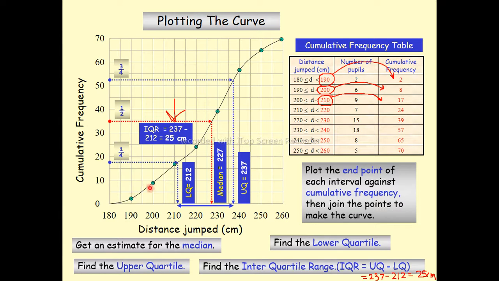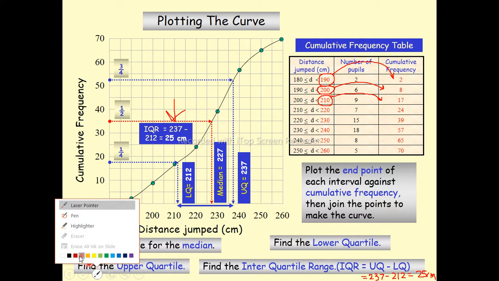Sorry, not 8 minus 2. It's 200, and this is 8. So the final was the frequency between 190 and 200. We have to subtract the 2 and the 6, right? I don't know if y'all feeling me, to get what would be between 190 and 200.